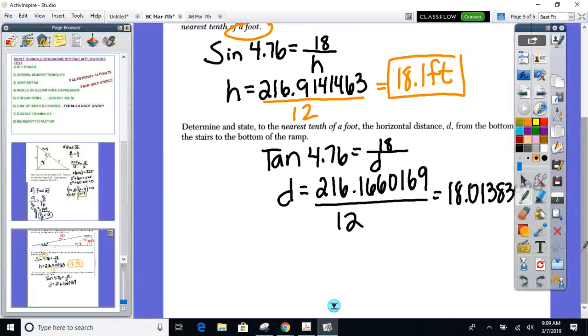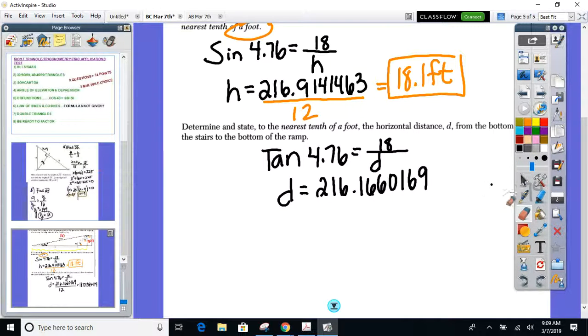Because if you subtract, now you're subtracting feet from inches, and that's not going to work, unless you want to convert 16 into feet. You could do it then. All right, but does everyone see? If you're going to subtract the 16 inches, we have to subtract it from the inches. That's why I picked this one. It's a beast. So minus 16.